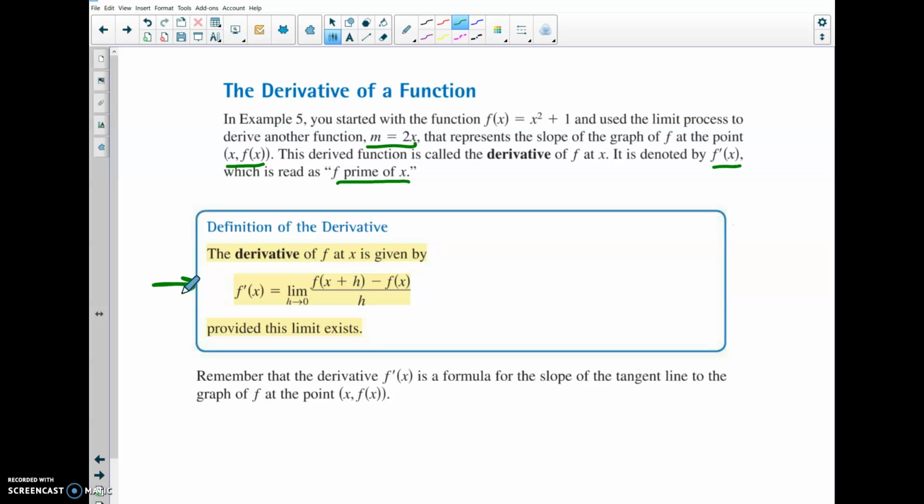Always make note, this is as long as our limit exists. The thing you really need to remember is f prime of x, your derivative of your function f, is the slope of the tangent line of your graph at the particular point x.